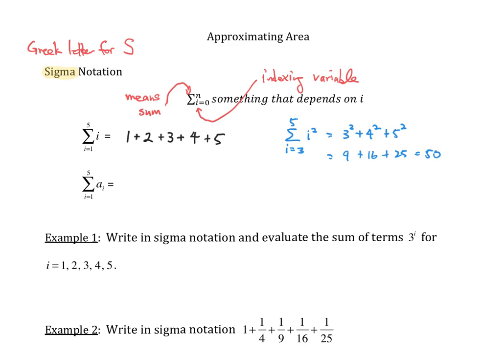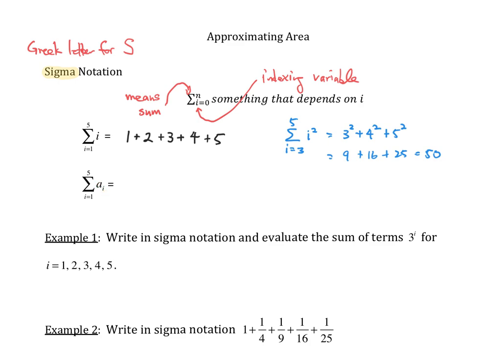Okay, so let's take a look at this. I guess now it's the third example over here. So in this case, when you look at the inside part over here, this is just some a with a subscript of i there.